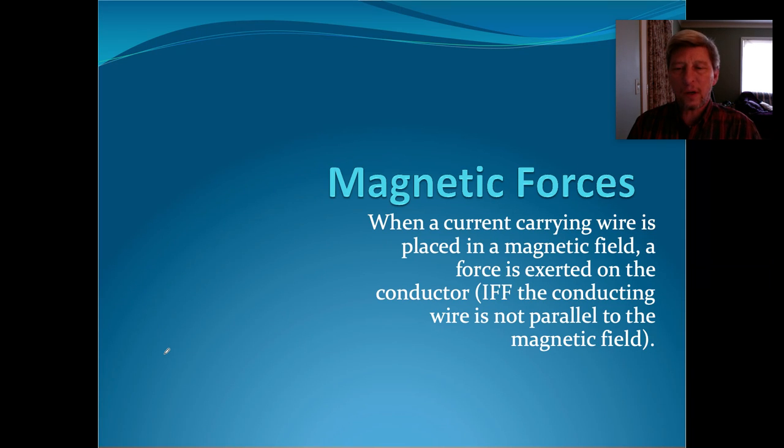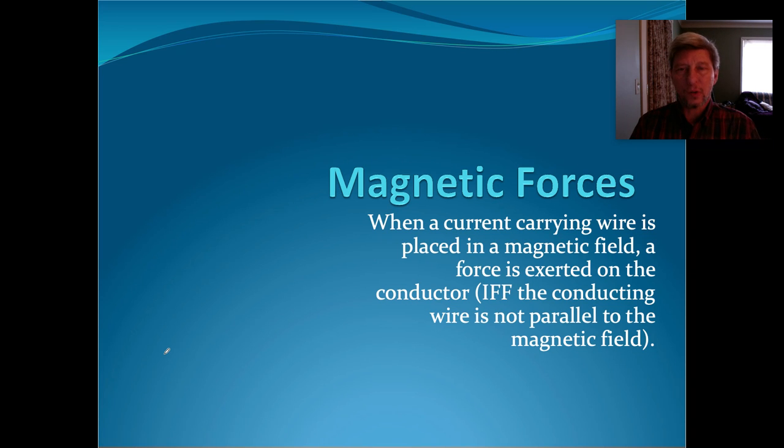When a current carrying wire is placed in a magnetic field, a force is exerted on the conductor, the wire. But this is if and only if, that's IFF, you should know that from math, I hope, the conducting wire is not parallel to the magnetic field.